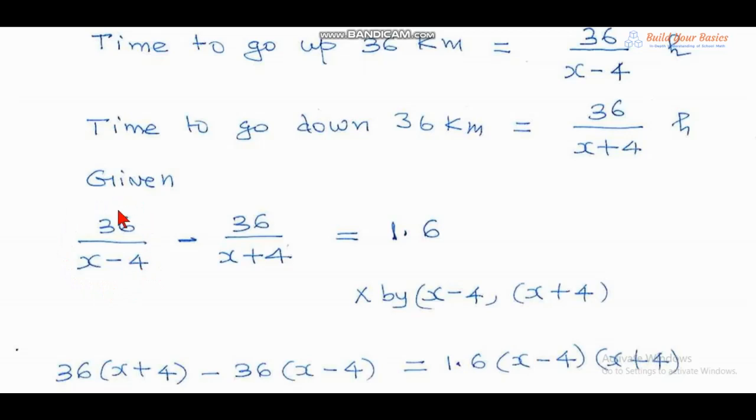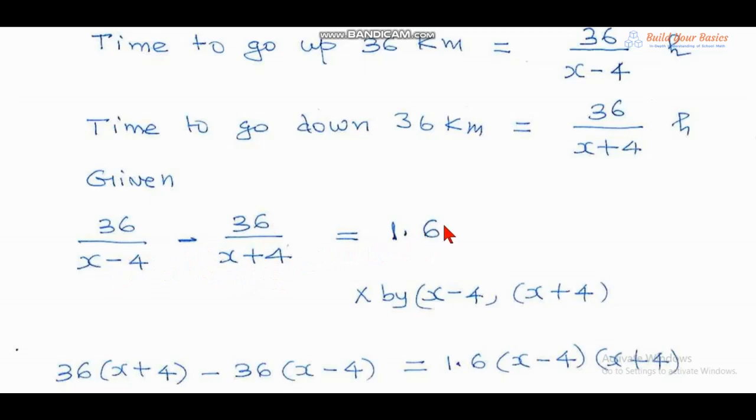So bigger number minus smaller number. This is time taken to go up. It will be more. This is a time to go down the river. So it will be a smaller number. So 36 by x minus 4 minus 36 by x plus 4 is given to be 1.6.